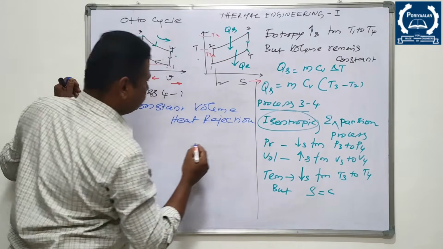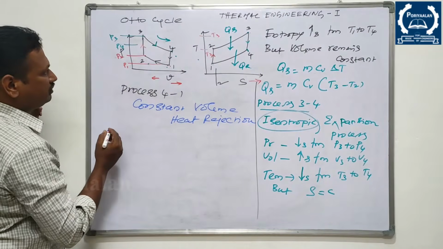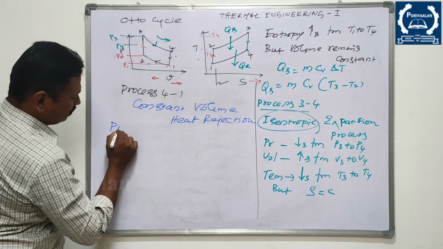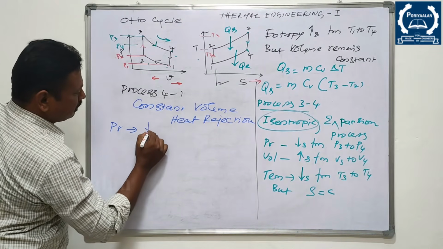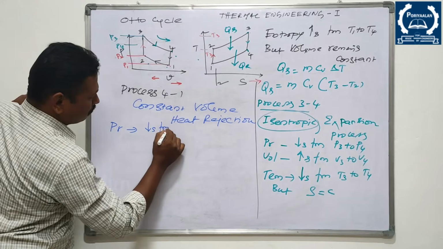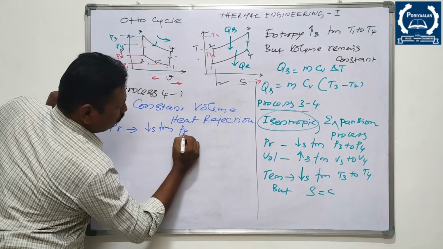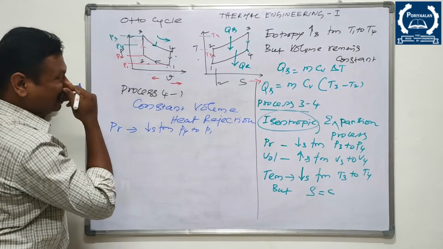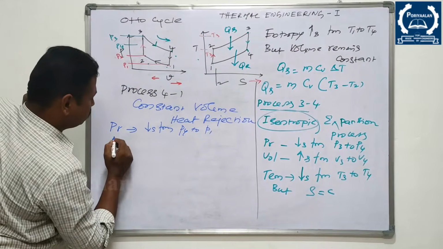So during this process, with reference to this diagram, pressure decreases from P4 to P1. Volume we will write finally.